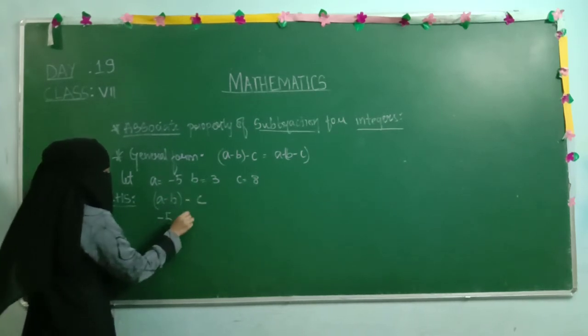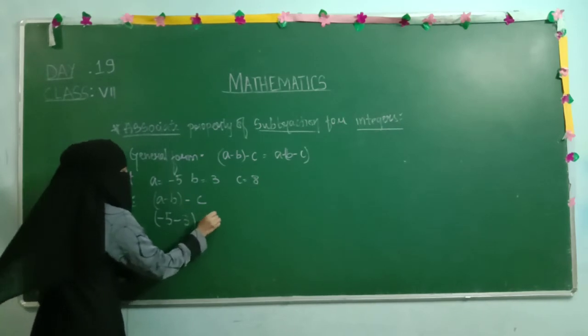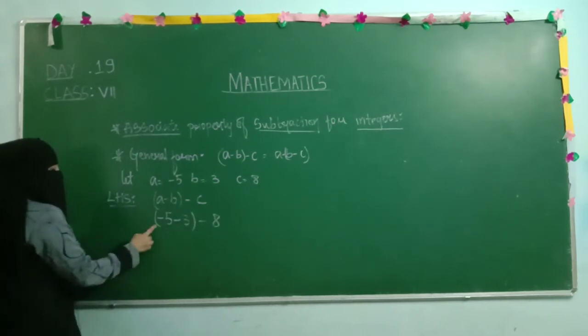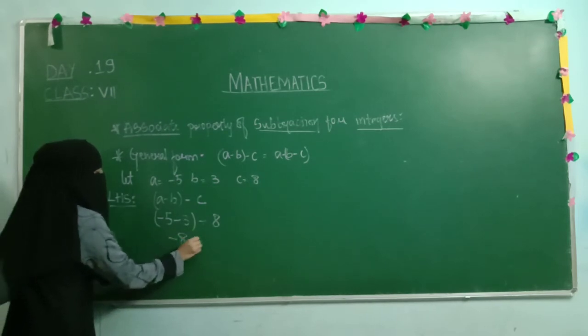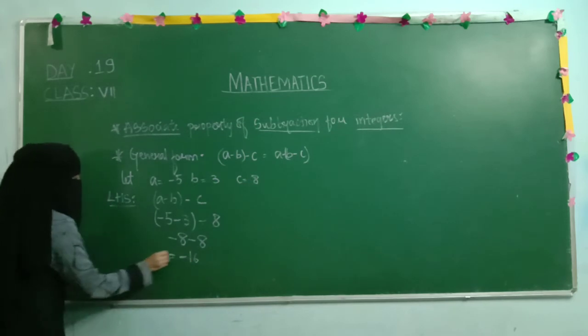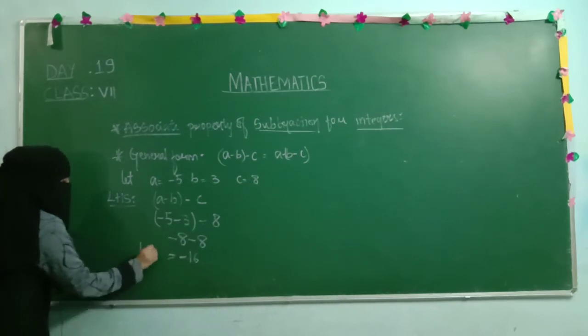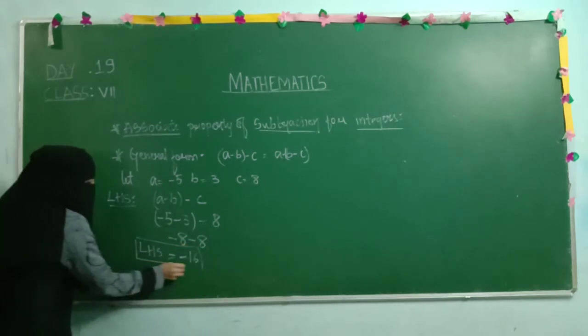Then the value of b, that is 3, minus 8. So minus 5 minus 3 gives minus 8. Minus 8 minus 8 is minus 16. This is the value of the LHS part. Okay, LHS we have completed.